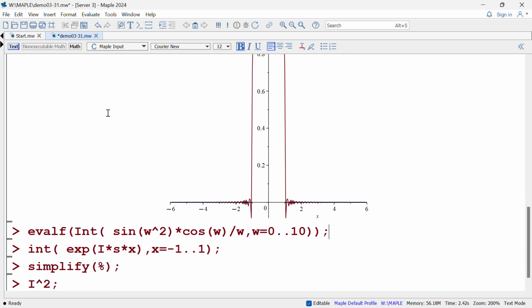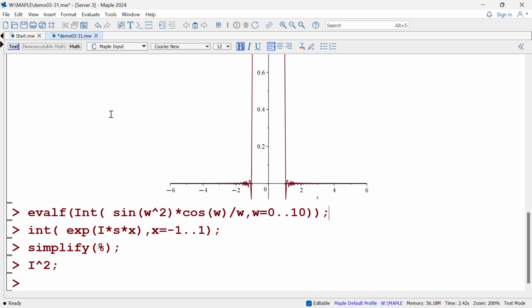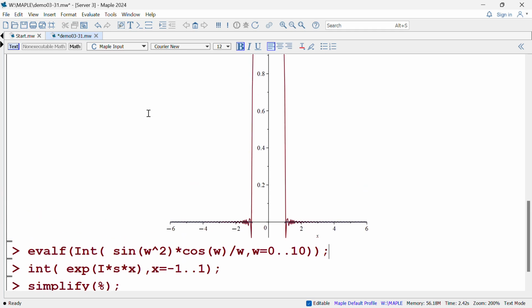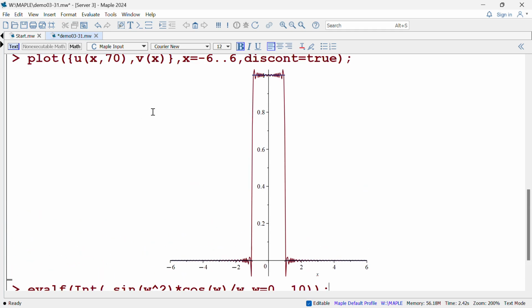Since I'm showing you in these last few minutes, let's say you want to calculate these integrals and look at their numerical value.